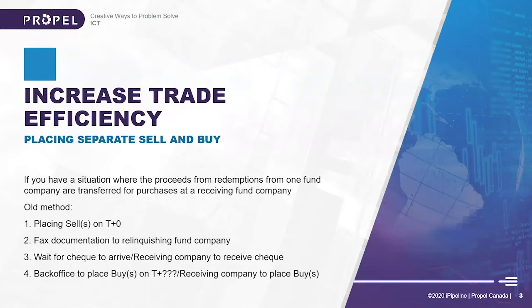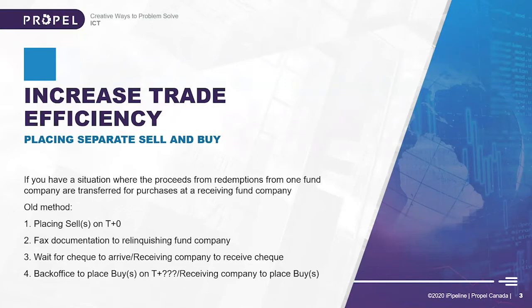So in the old scenario, what usually would happen if you had to do a sell and a buy in another fund company is that you would have to place a sell on T+0, fax the documentation to the relinquishing fund company, and then wait for the check to arrive.